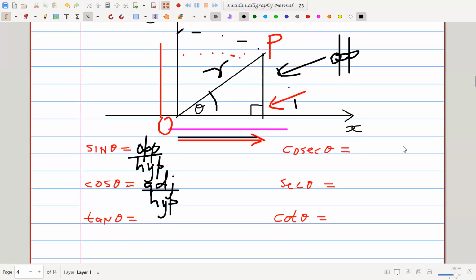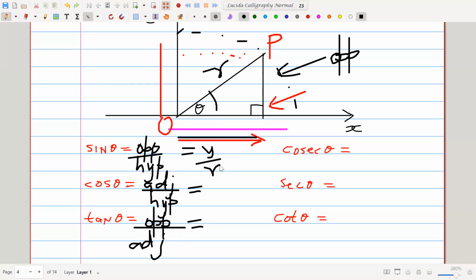And then tangent is defined as opposite side over adjacent side. So what is that? Our opposite side is given by y, and our hypotenuse side is r.